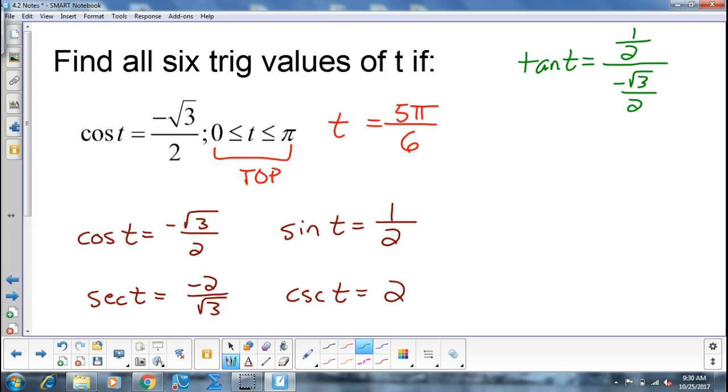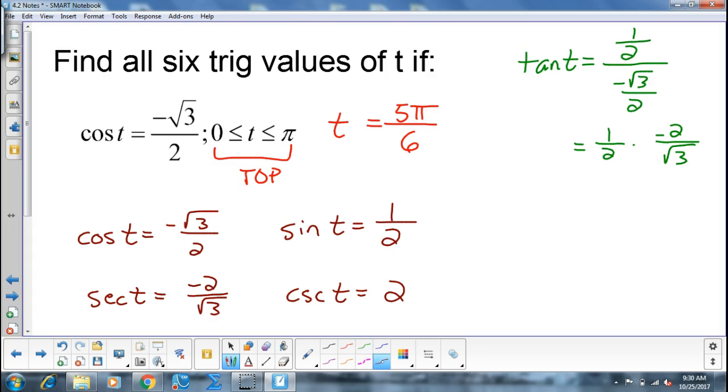Do I like fractions inside of my fractions? No. I don't like decimals inside of my fractions either, okay? So how do I get rid of that and make it just one fraction? Multiply by the reciprocal. So this is 1/2 times negative 2 over the square root of 3.